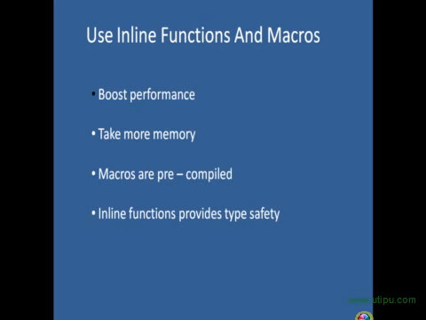This will boost our performance, because whenever we call a function, it first searches where the function is by its name, then calls it, stores some specific memory for its reference, and when the implementation is over it comes back to the code from where it was called.